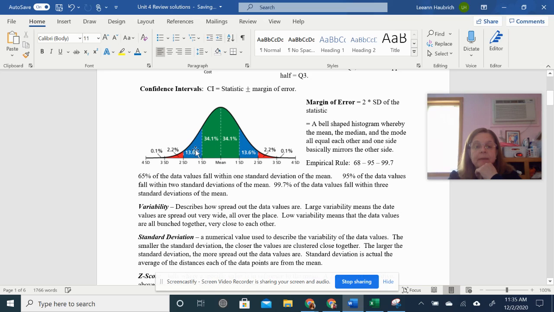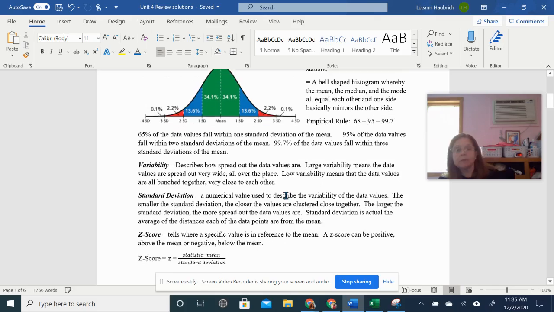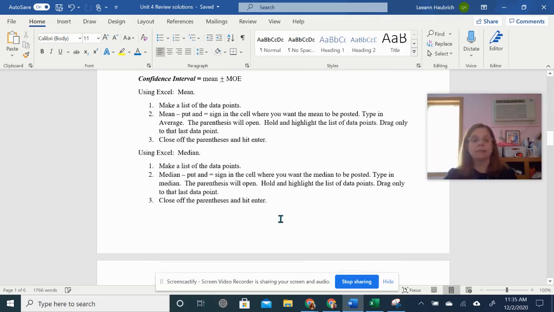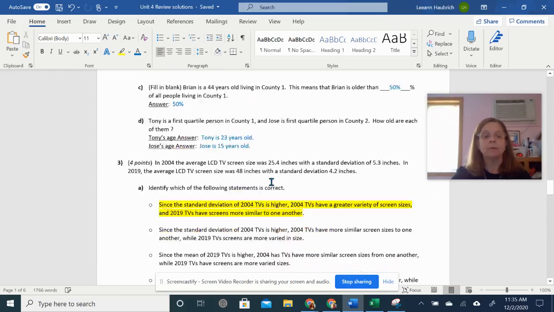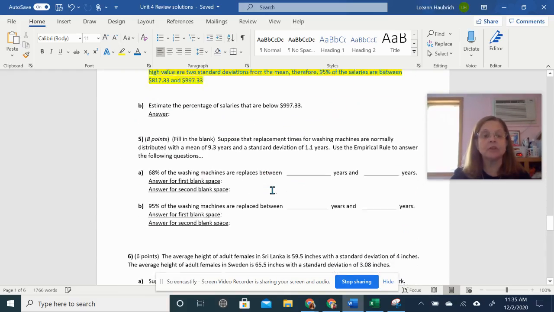So that means there's another 5% left over, which then is split between both sides. Let's see if we can follow that. It's a lot of stuff to think about in this question.